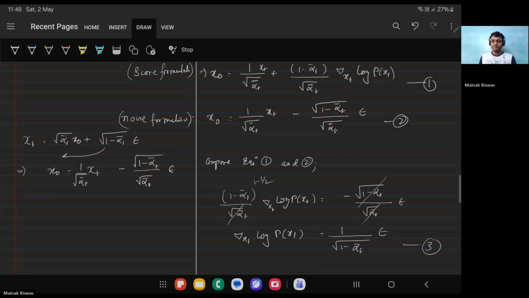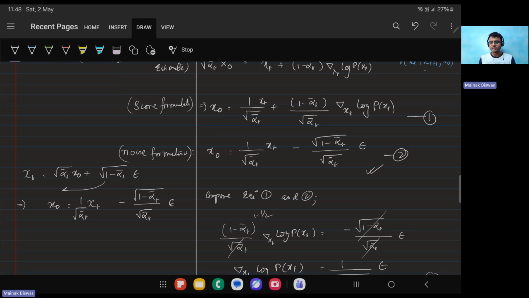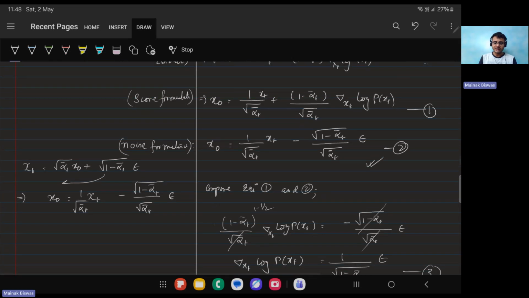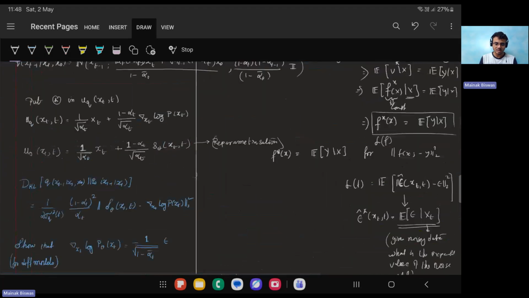So now with this, we have come to this formulation that I know this equation, right? I know this equation. And in my previous session, we showed that, I'll just copy this equation as well.